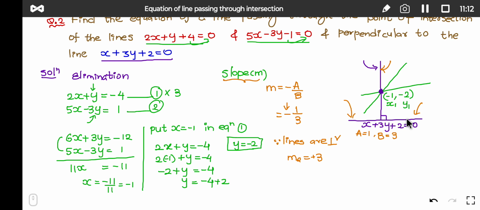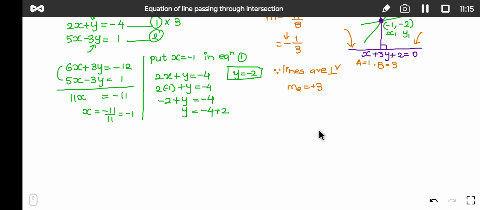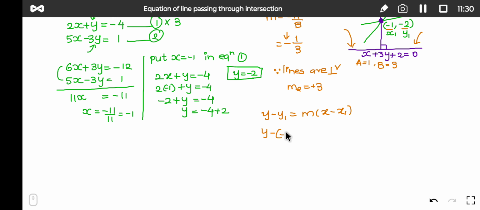Now we'll apply our third step, the equation of a line, which is y minus y1 is equal to m times x minus x1. So y1 is minus 2, the slope value is 3, and x1 is minus 1. So y minus minus 2 gives plus 2 is equal to 3 times x plus 1.